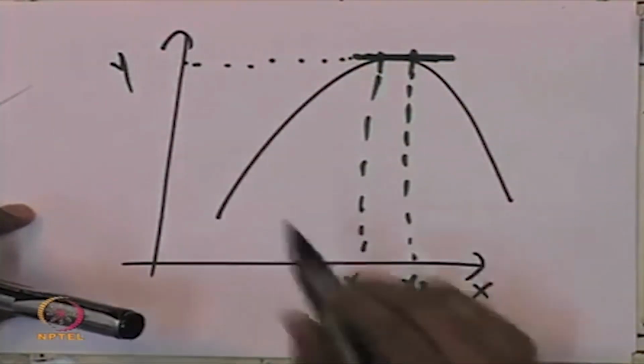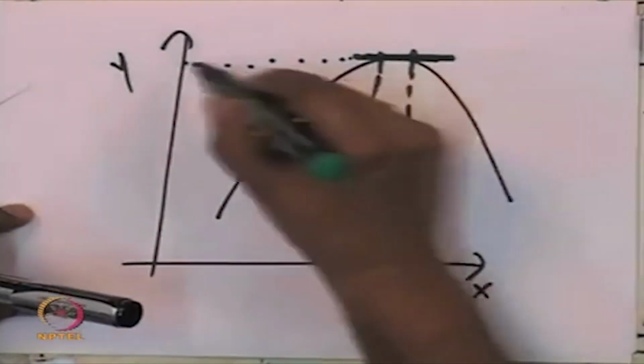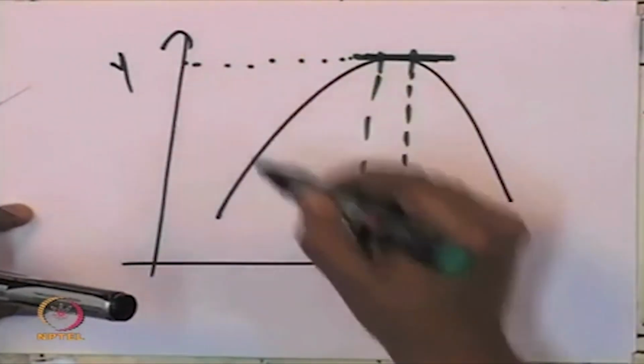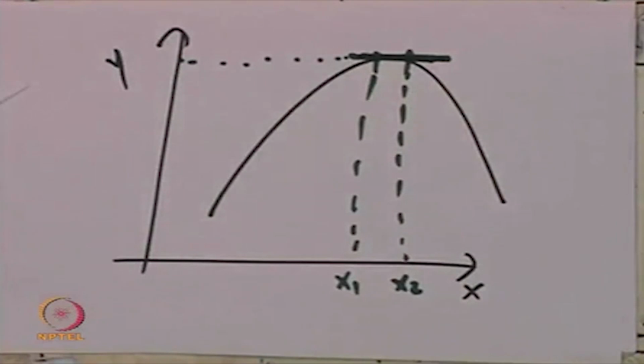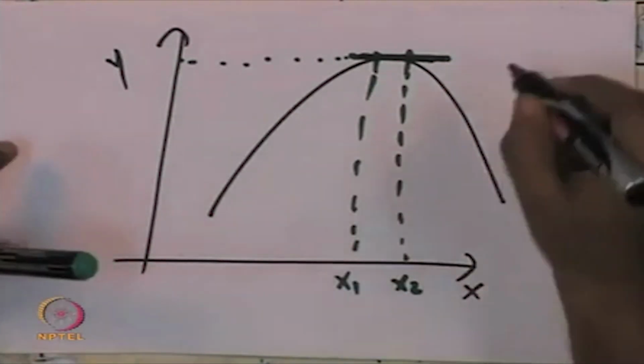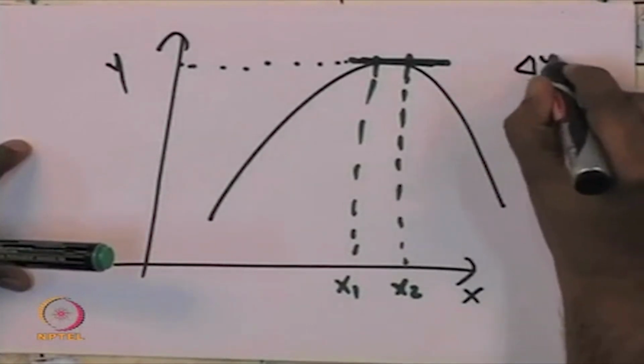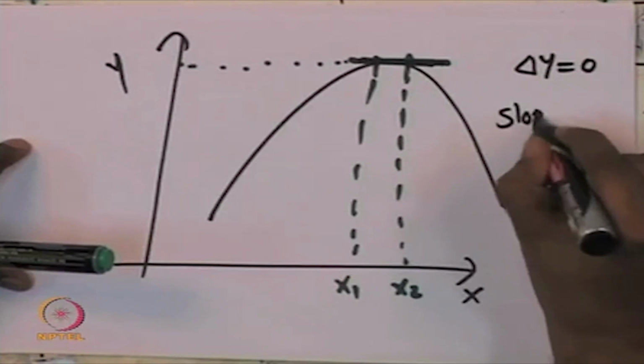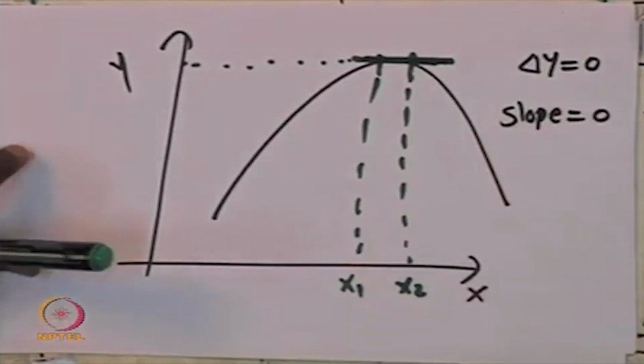So, y1 equals y2. For x1 you get the same y, for x2 you get the same y. What does this mean? This means that y1 and y2 are the same, that means y2 minus y1 is 0. So, delta y is 0, that means the slope is 0.